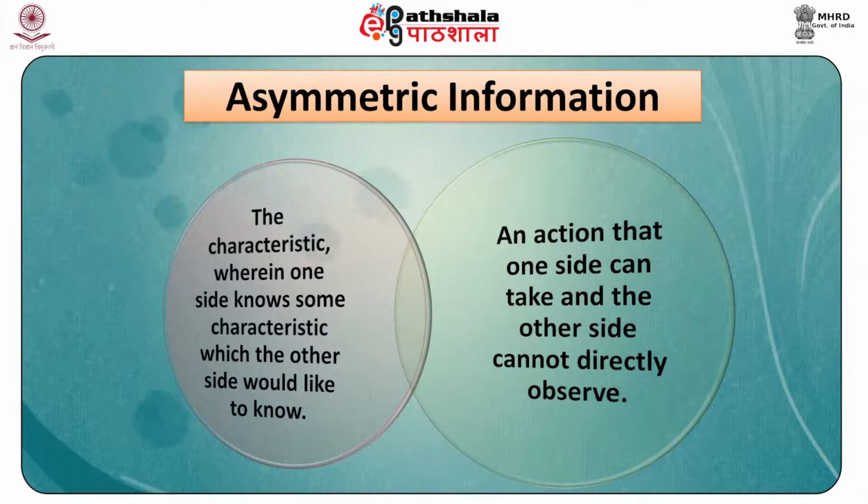The former is referred to as a situation of hidden characteristic, and the latter as a situation of hidden action. In such situations, the markets perform differently, leading to inefficiency and undesirable outcomes. The present module focuses on hidden characteristics, and the subsequent module discusses hidden action.